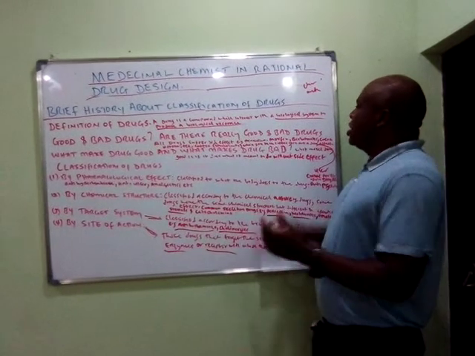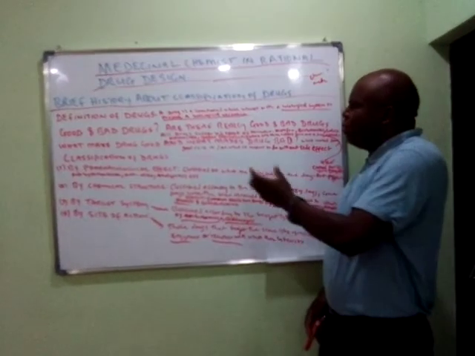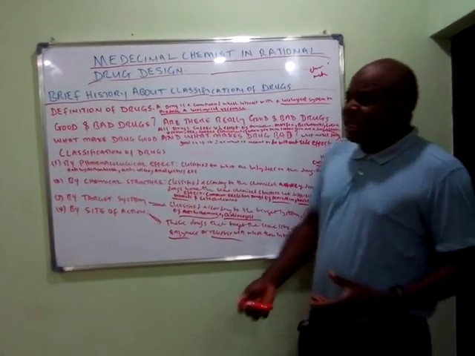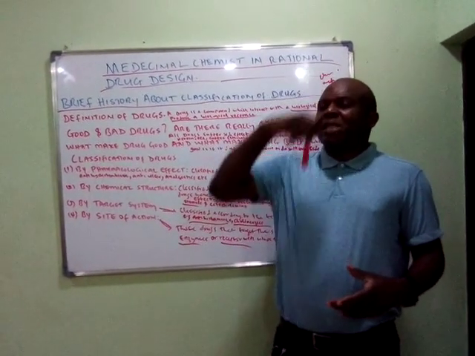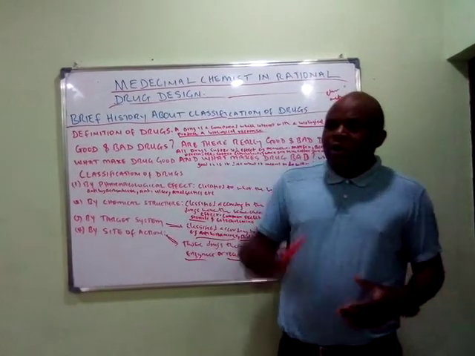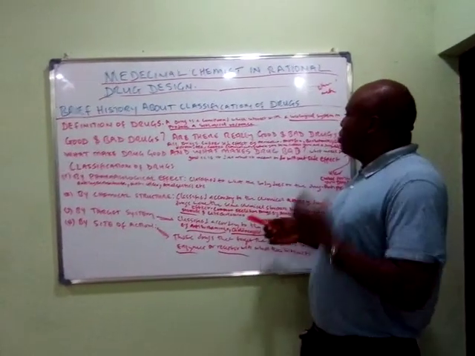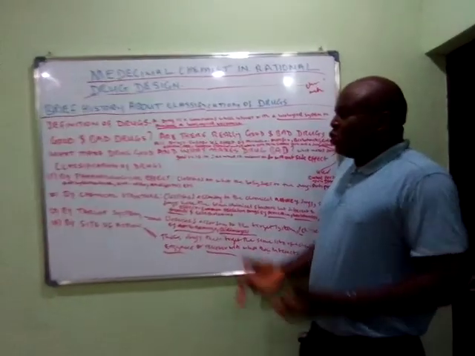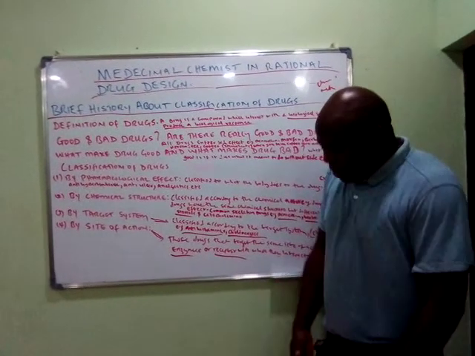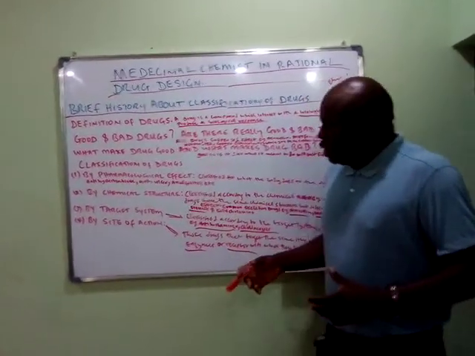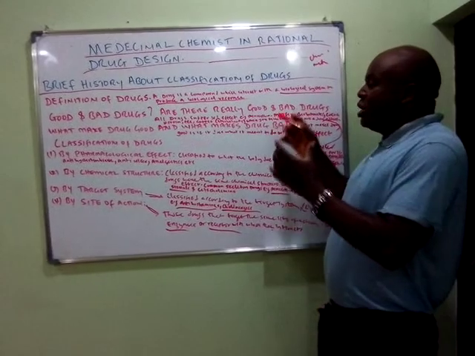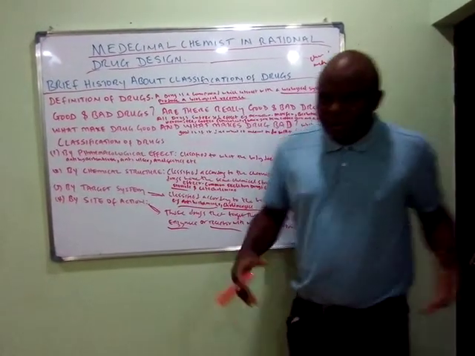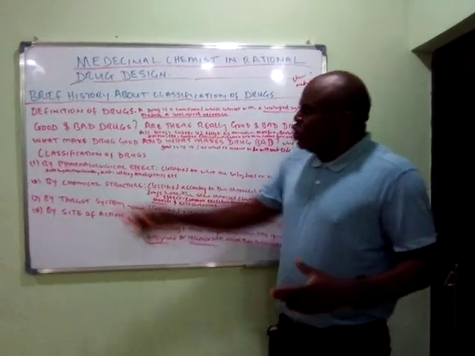The moment you take the drug inside, through injection or orally or whatever way you're taking it, it must be in a biological system, because we are made up of a biological system. Since everything about our body is biological, the drug you take must interact with what is inside the body to give you a biological response. And that will take us to the good and bad drugs.